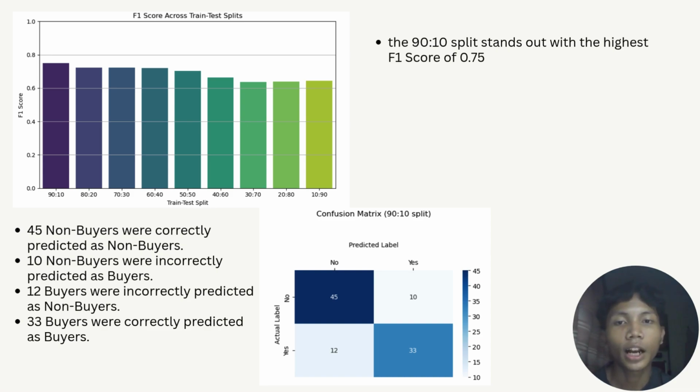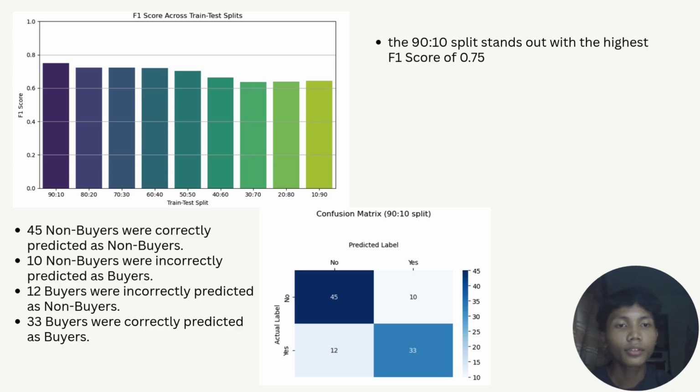This indicates that our model didn't just make accurate predictions, but also balanced the correct identification of both buyers and non-buyers. This kind of balanced performance is very important in real business applications like targeting customers for promotion.